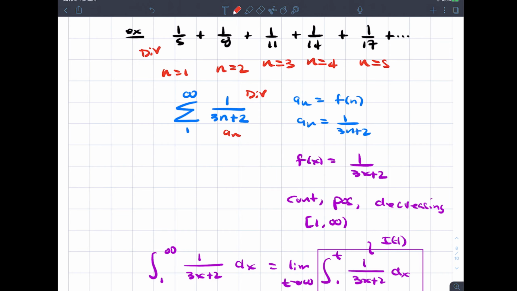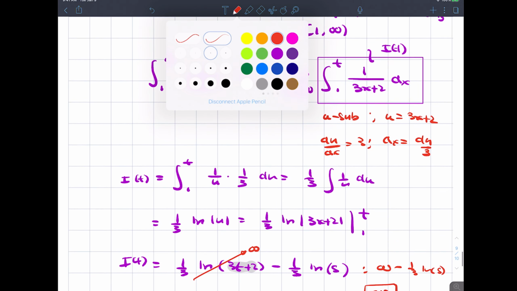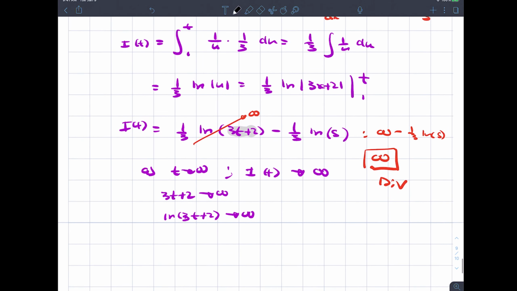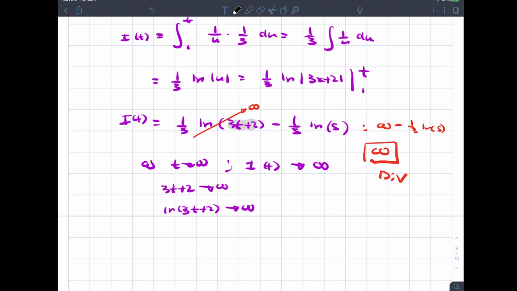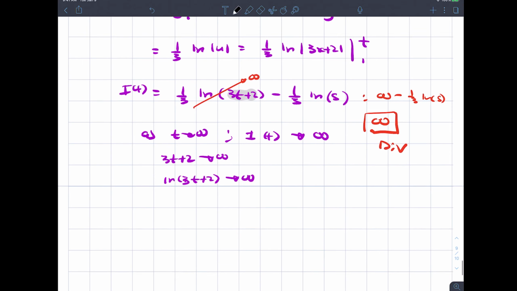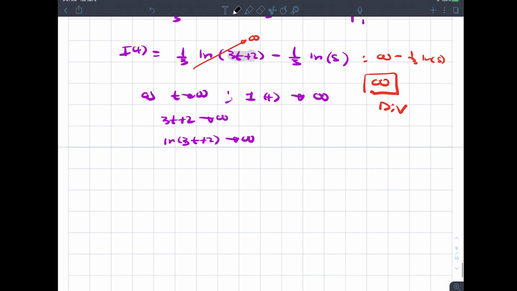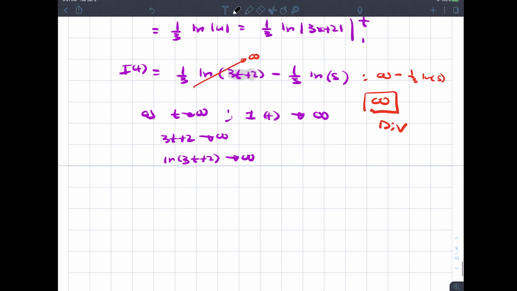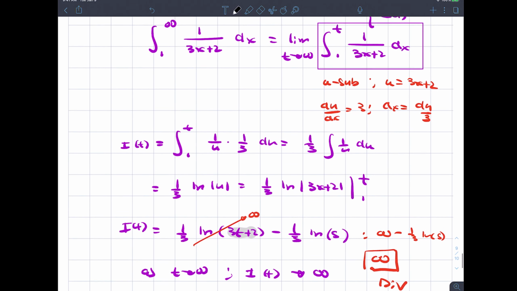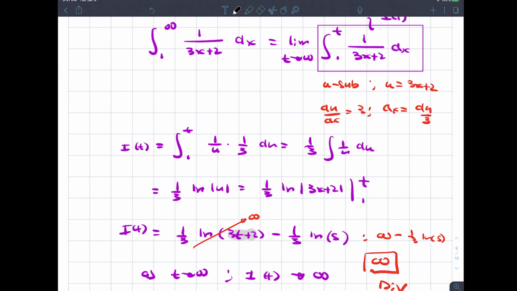All right, maybe we can give you one more example of this. I got a few here. What I could do a bit later for you guys is go over maybe 3 or 4 more examples of the integral test.